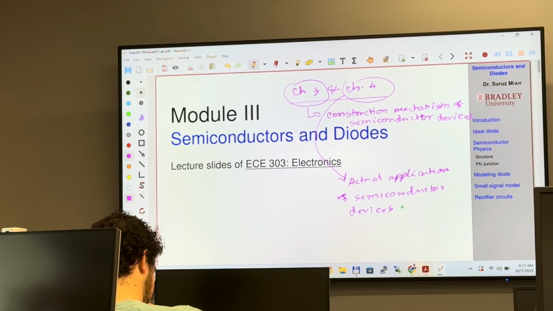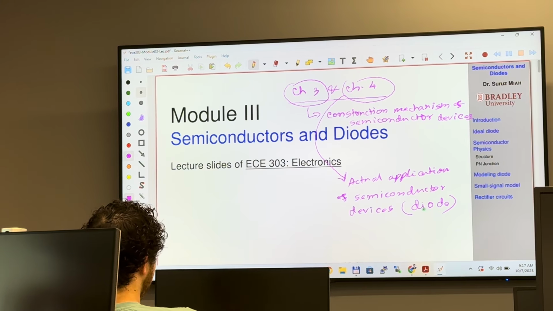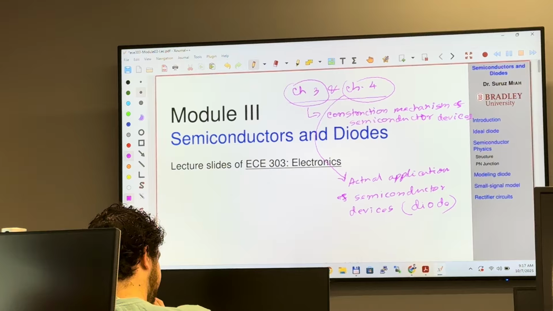So here we will talk about diode. Diode is the first semiconductor device that we are going to study.